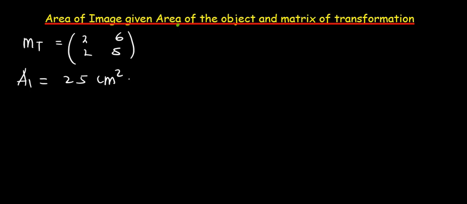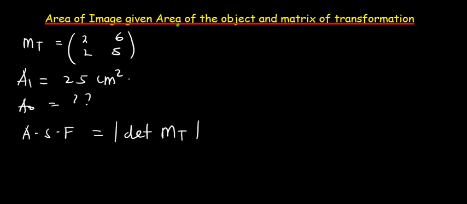Find the area of the square object. So in this case, we have the matrix of transformation and the area of the image, but we don't have the area of the object. We shall make use of our equation that area scale factor is equal to the absolute value of the determinant of the matrix of transformation.